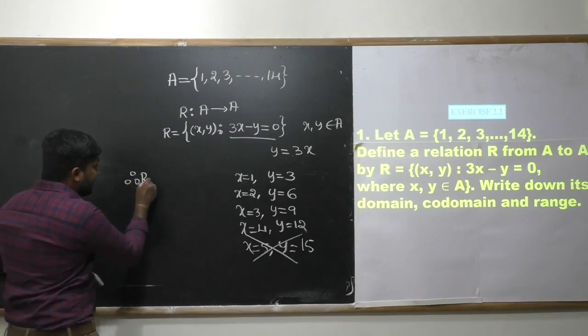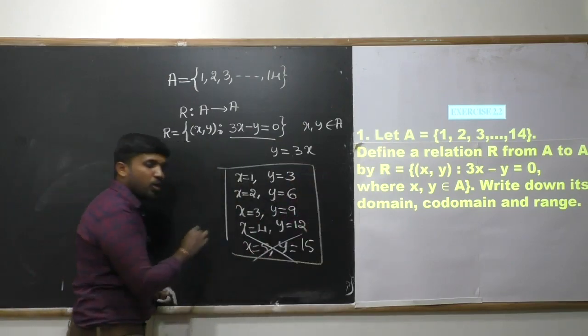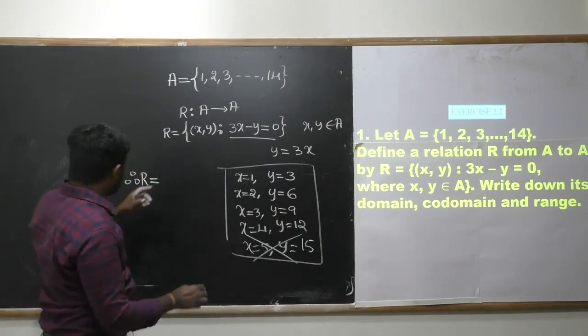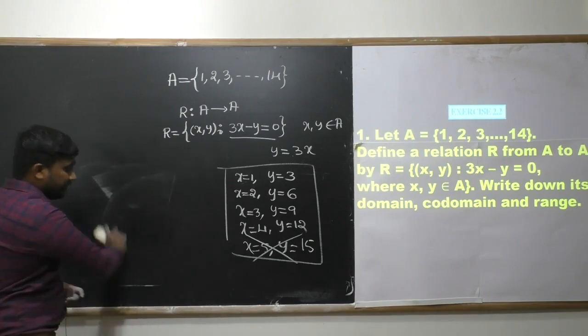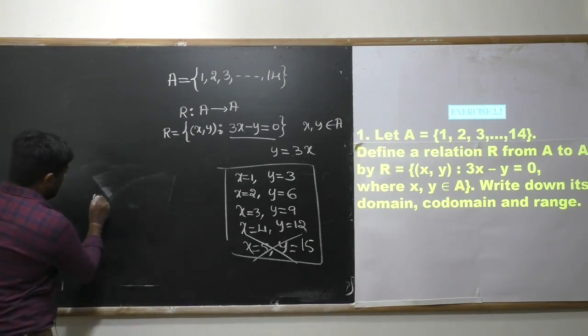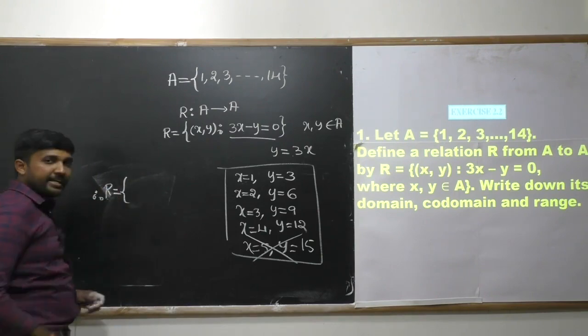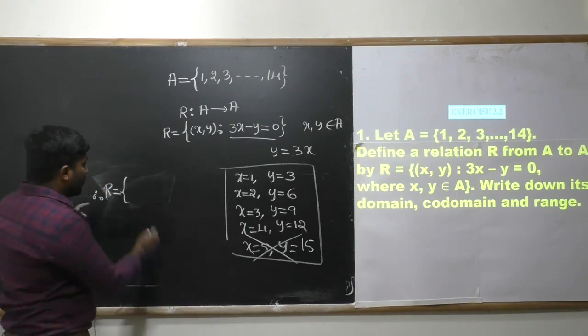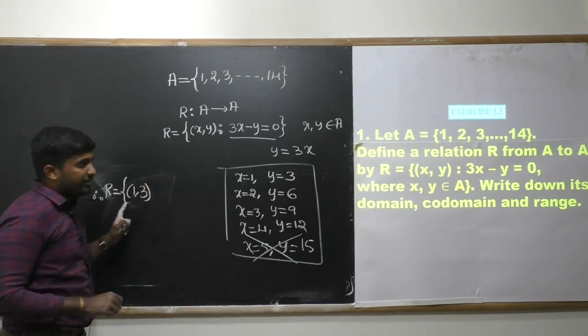Therefore, the relation R. We write this calculation on the side, we need to know it. So the elements of relation R is, therefore R is equal to the set containing ordered pairs (1, 3), first element.